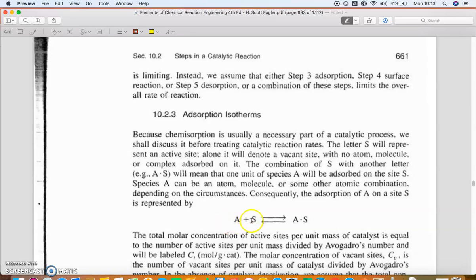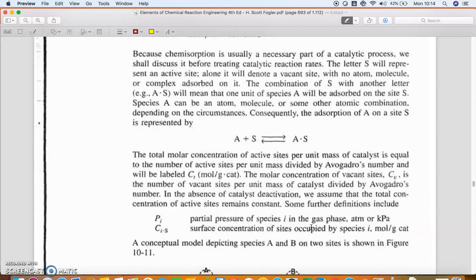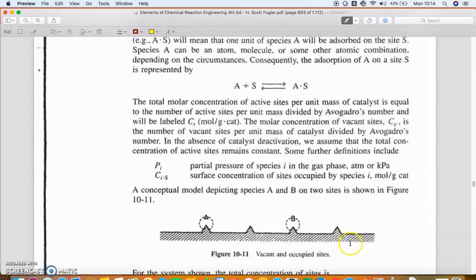A will go to the catalyst active site, where S represents the active site. It will attach to the active site, making chemisorption, so it becomes A·S. This step is a reversible process.